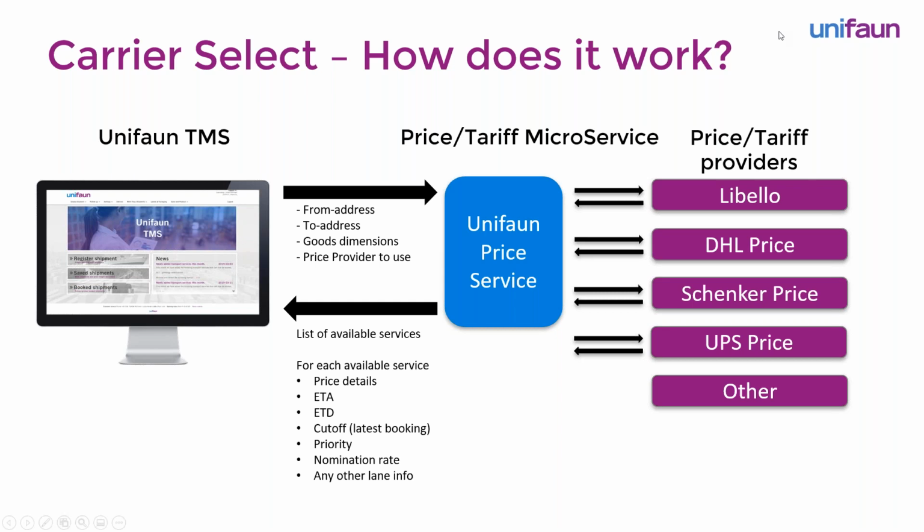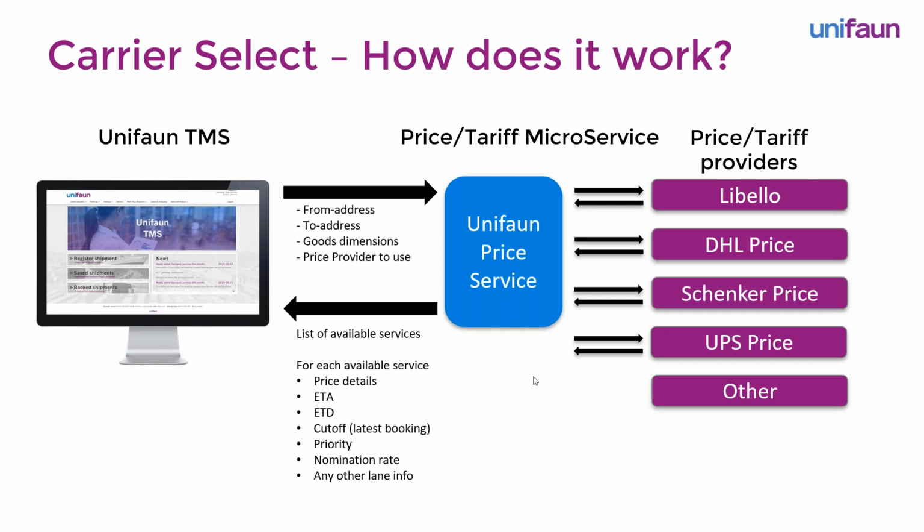Unifaun TMS asks the microservice what available tariff providers there are, and then Unifaun TMS can choose which one they want to use. You always send the same information regardless of the provider: I'll give the microservice a from address, to address, and the goods dimension, and that's basically it. And then it returns the price back to the TMS.